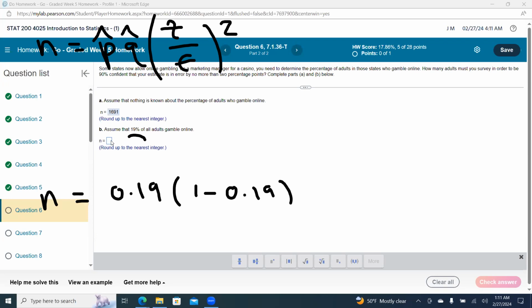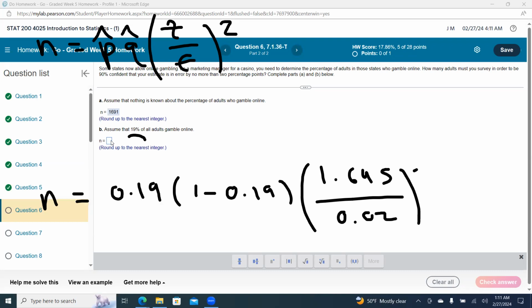The z is the same, 1.645. Everything else is the same, 0.02. We always round up, as we know. So if we calculate that, I get 1041.